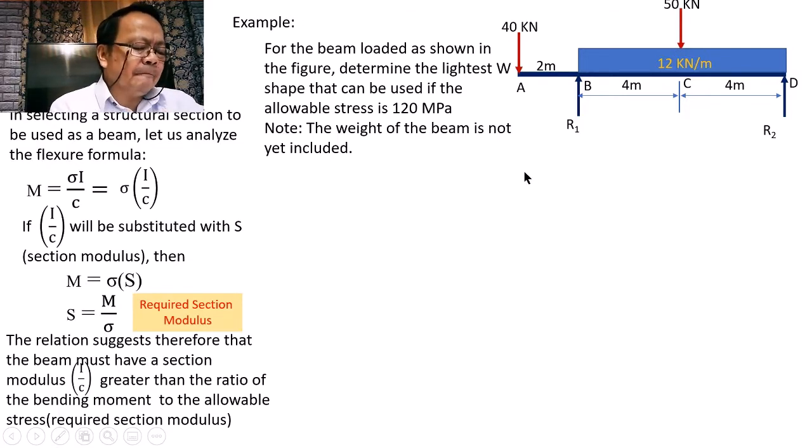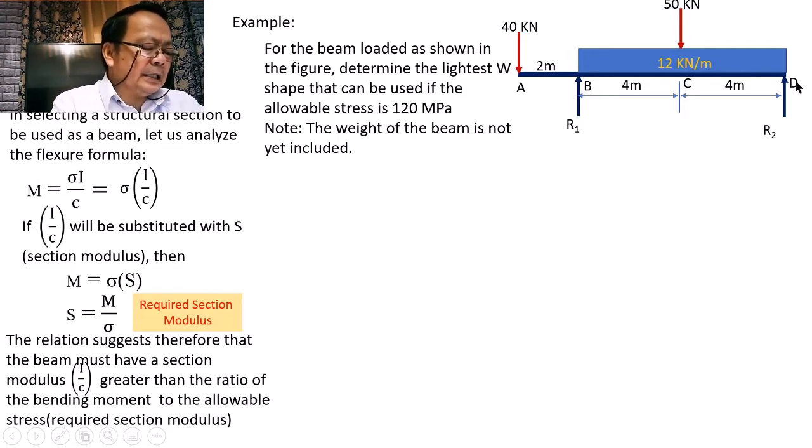So in the given, meron tayong allowable stress na 120 megapascal. Ito yung maximum permissible stress that the beam may be subjected. And the beam will be carrying this kind of loads.